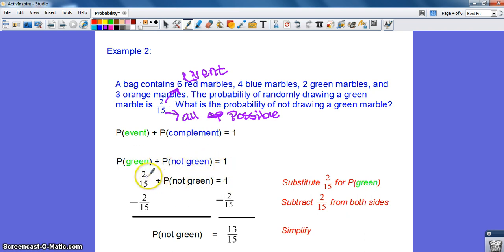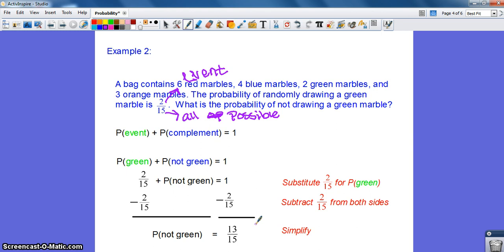We substitute our probability of the event, 2 out of 15, and this is our unknown that we're solving for. So we subtract 2 out of 15 from both sides, and we get the probability of not green on this side of the equation, and 13 out of 15 on this side. So the actual probability of not drawing a green marble is 13 out of 15.